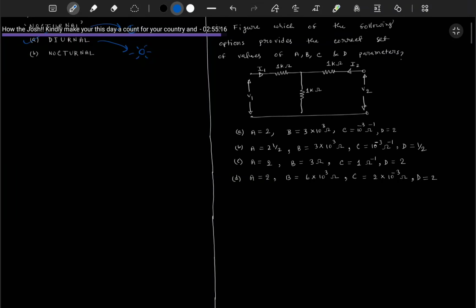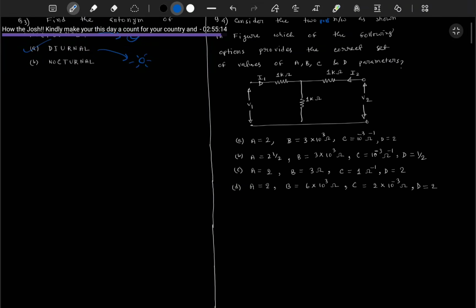It is in the form like Z parameter, so we can write Z equal to this one, and this one we need to add, so 2 on this diagonal, and the remaining diagonal it will be this one.